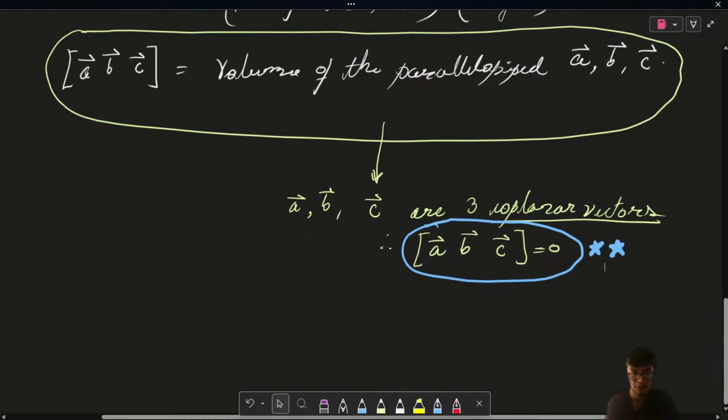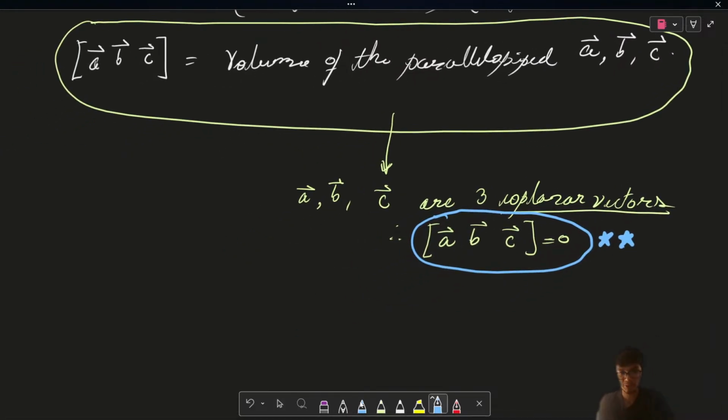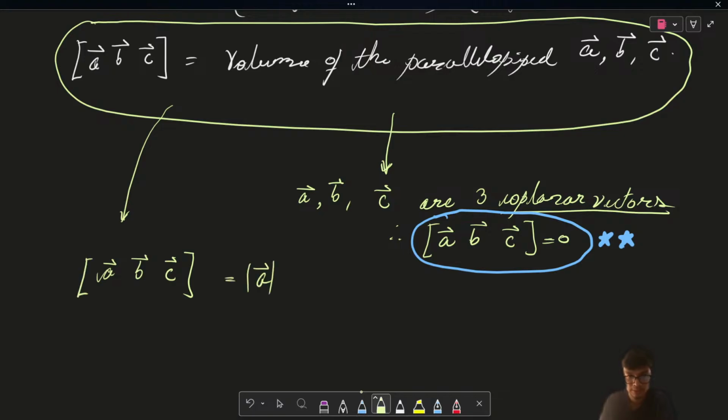Also, let us try to decode one more important implication from this particular result. That is, if I say that my A vector, B vector and C vector box of it, or scalar product of it, is simply equal to just the multiplication of the magnitudes of the three vectors, when does it hold true?